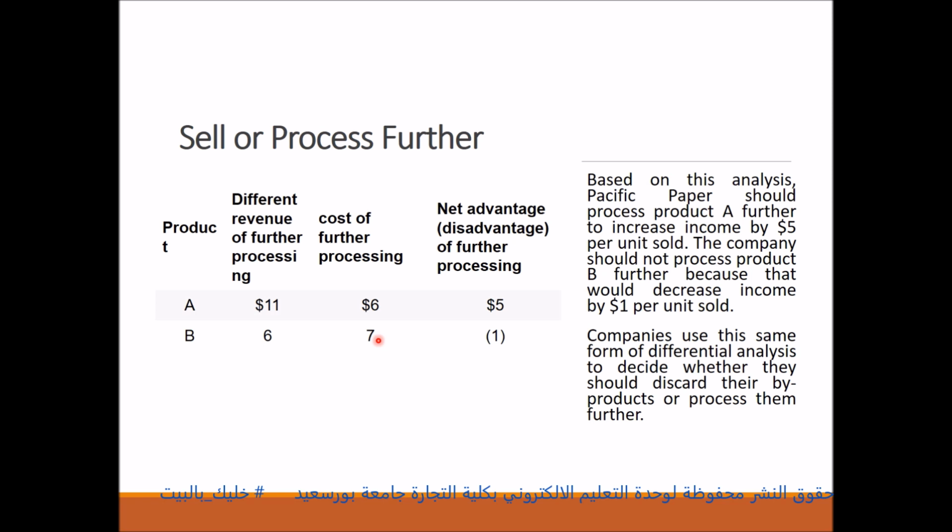Cost of further processing is $7 and the net disadvantage of further processing is $1. Based on this analysis, Pacific Paper should process product A further to increase income by $5 per product unit. The company should not process product B further because that would decrease income by $1 per unit sold. Companies use this same form of differential analysis to decide whether they should discard their byproducts or process them further.